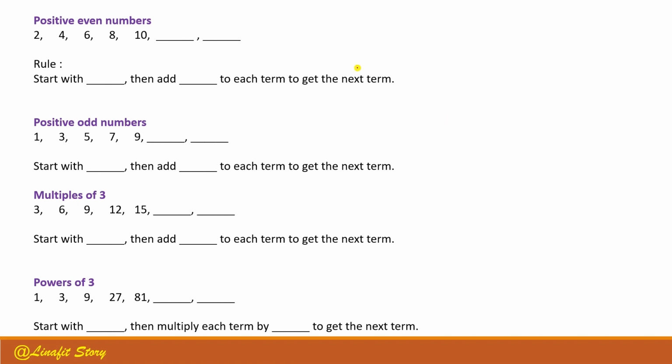Positive even numbers 2, 4, 6, 8, 10, 12, 14. The rule is start with 2, then add 2 to each term to get the next term.